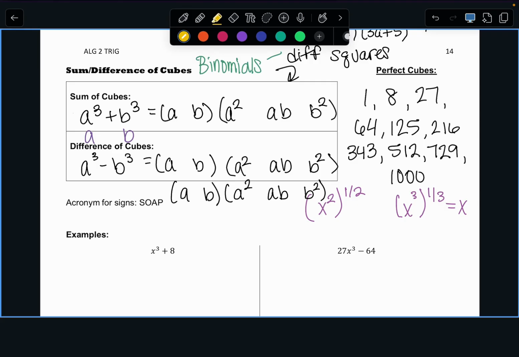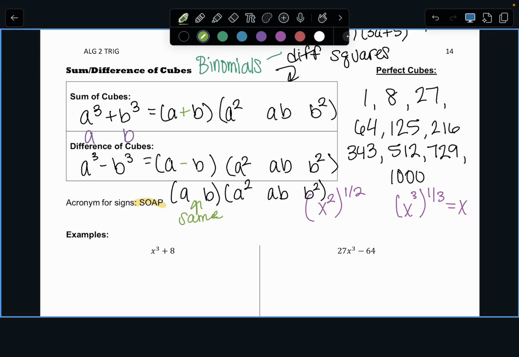We have an acronym. It's called SOAP. It'll tell you what signs go where. The S stands for the same sign, meaning if we start with a plus, we put a plus in there. If we start with a minus, we put a minus. So plus and minus, same sign.